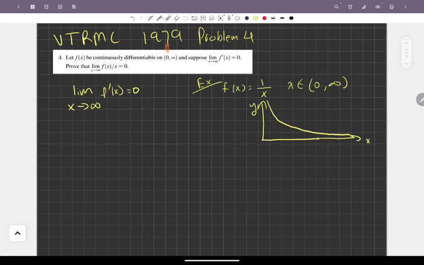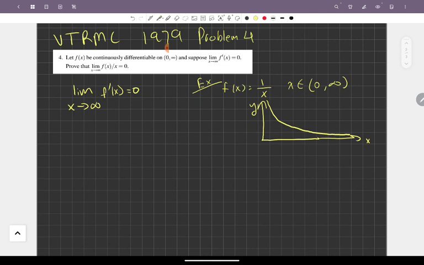And as we approach 0 from the right-hand side, we approach positive infinity, and that's pretty easy to understand. I mean, if you have 1 divided by 0.0001, you're going to get a really big number. And as you approach infinity, the denominator becomes so large that effectively the fraction is nearly 0.